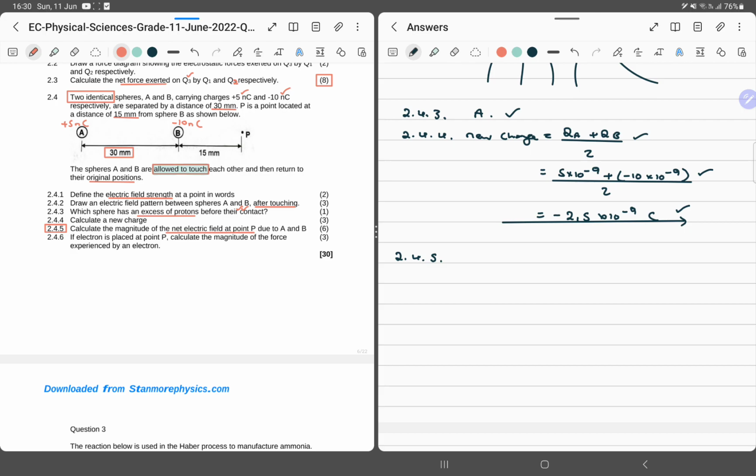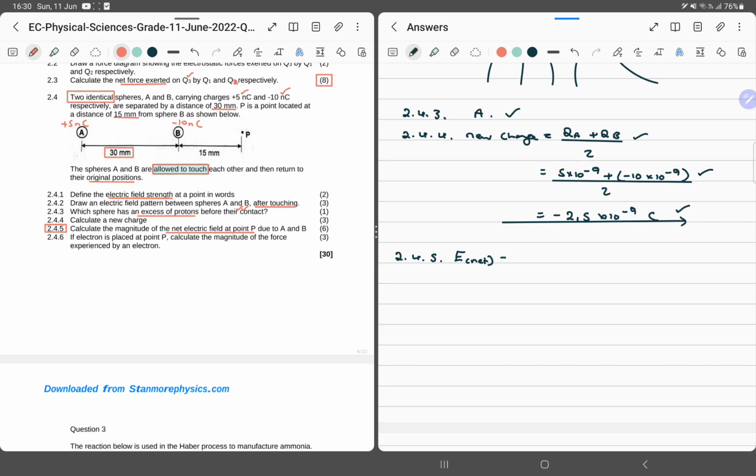But the opening statement said these ones were allowed to touch and then they returned to their original positions. So we'll take the assumption that this question is based on the fact that they are now negatively charged. Okay, great. So we know that we need to find the E net, or the resultant. I don't like this word net, but whatever.